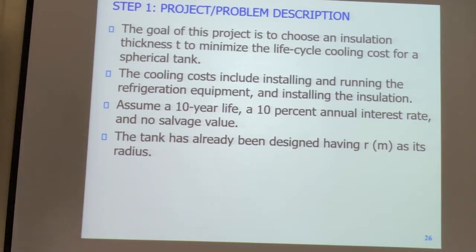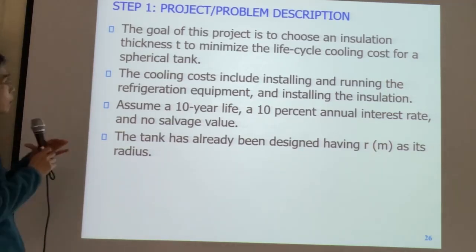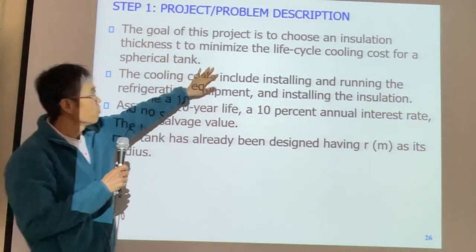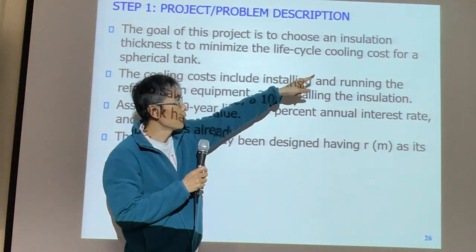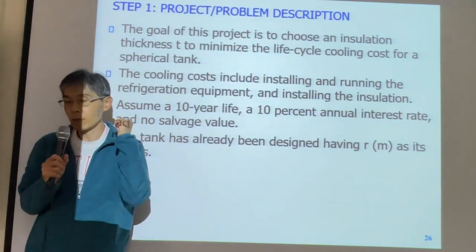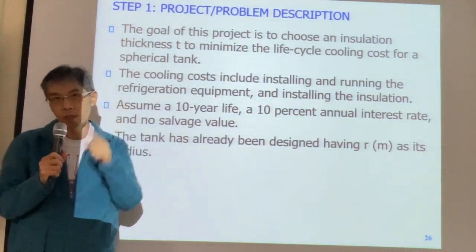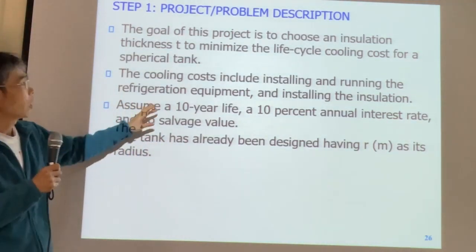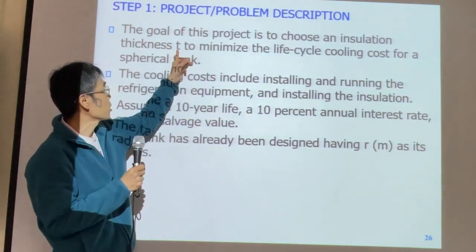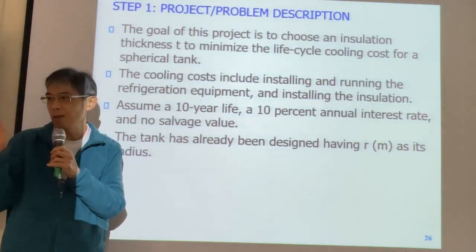Okay, a spherical tank looks like a ball, circular ball, spherical. So, see the goal, minimize the cost, cooling cost. Okay, we know minimize. So this should be the objective function. And to choose insulation thickness T. So T should be a design variable.